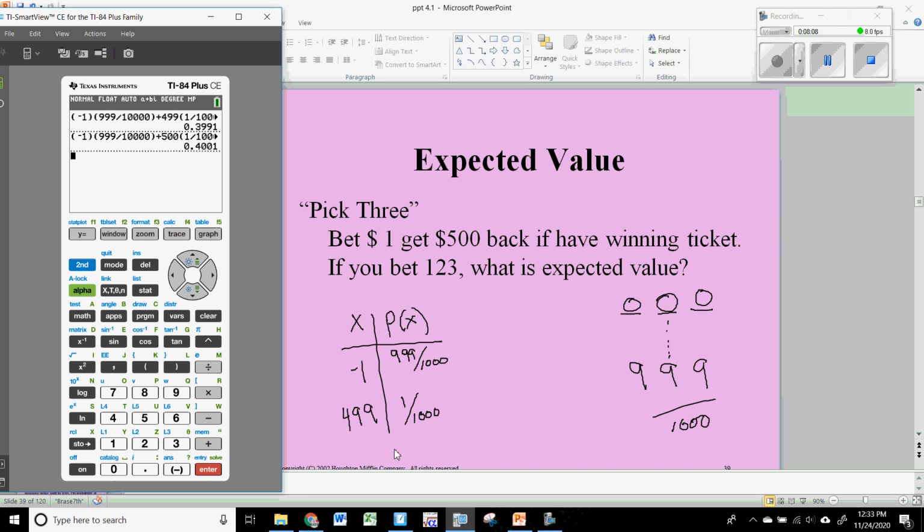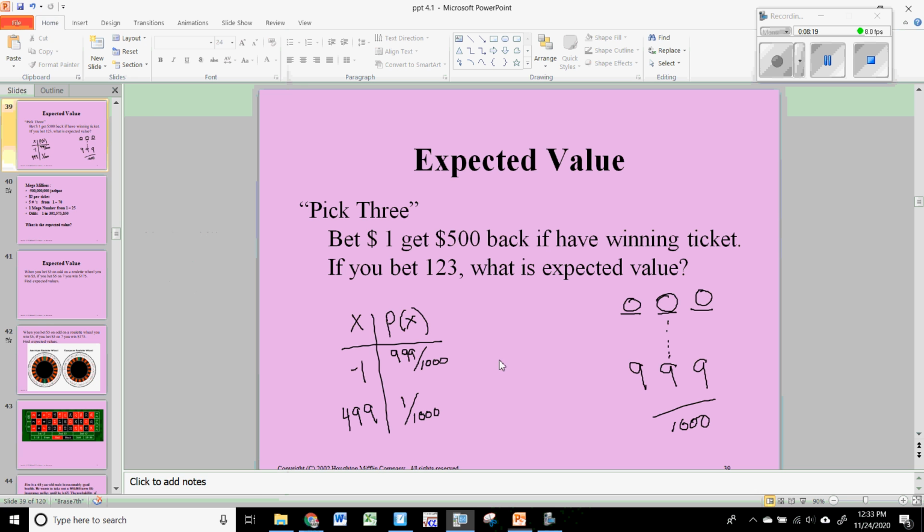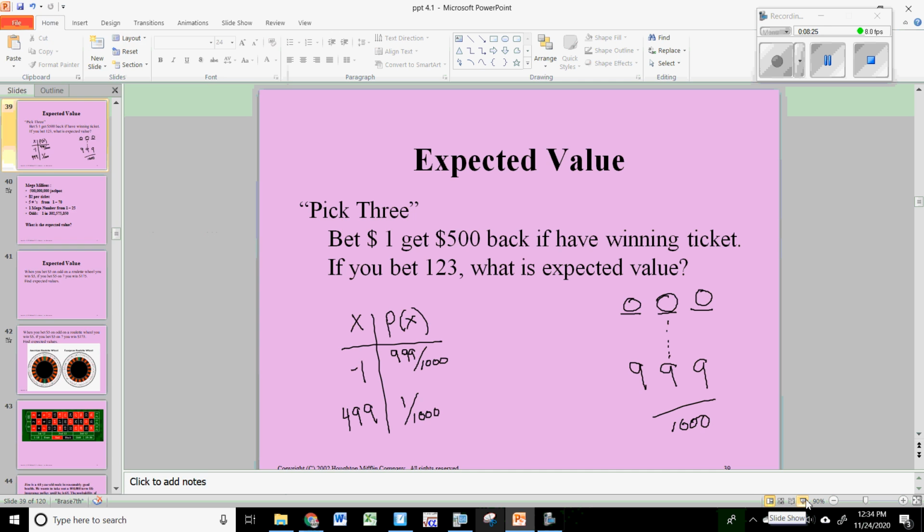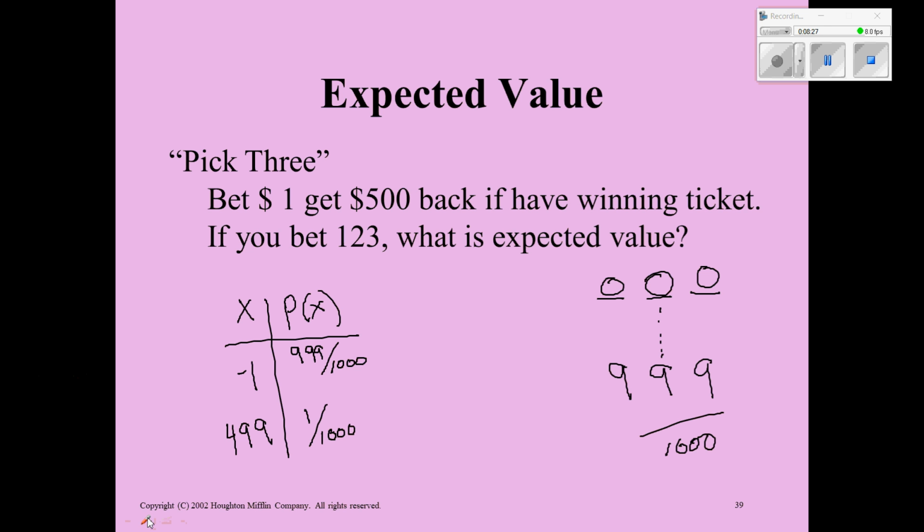It doesn't change our expected value that much. So that's why I'm not too worried about whether it's 500 or 499. They both give you about the same answer here, which is about 40 cents. So our expected value is about 40 cents.